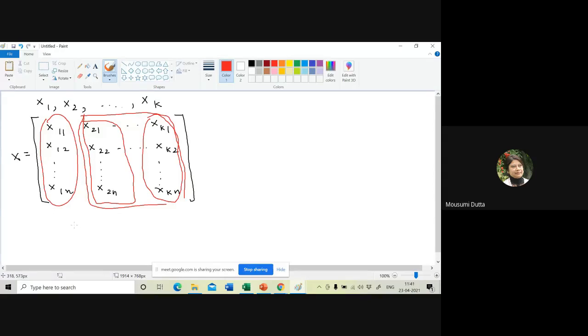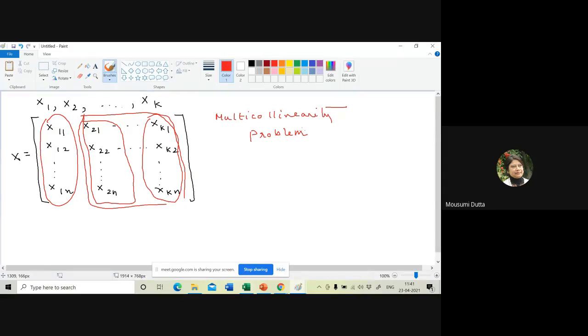This problem: if the columns of the X matrix are interrelated to each other, this is known as the multicollinearity problem in the literature of econometrics.